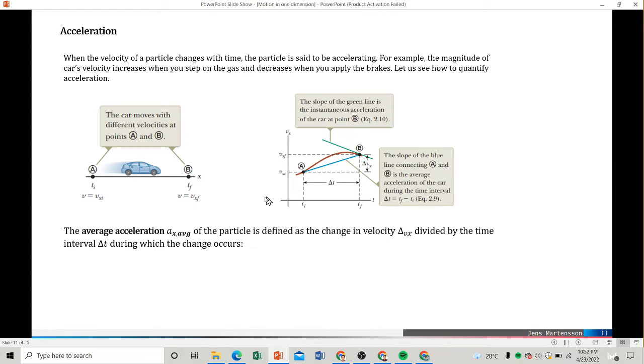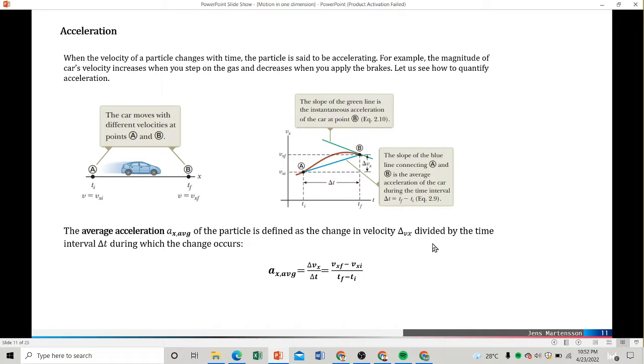So the average acceleration of the particle is defined as the change in velocity, delta vx, divided by the time interval, change of t, during which the change occurs.